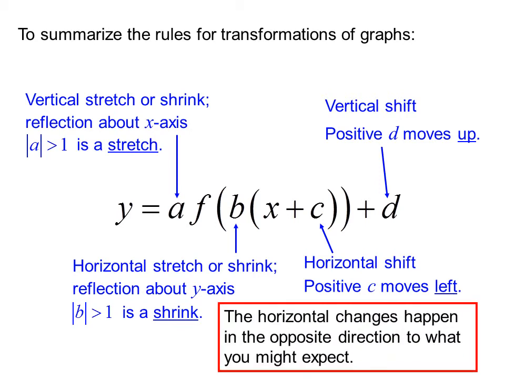Remember, horizontal changes happen in the opposite direction to what you might expect. So a larger number here, greater than 1, actually makes a shrink, and a positive number here moves the graph to the left.